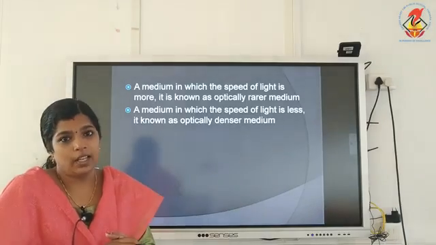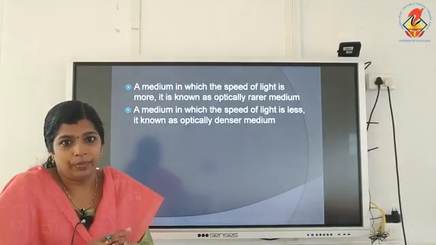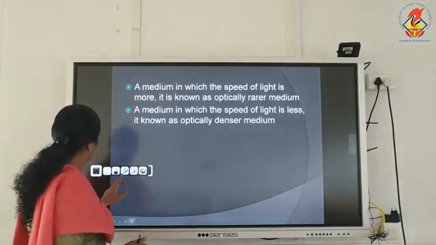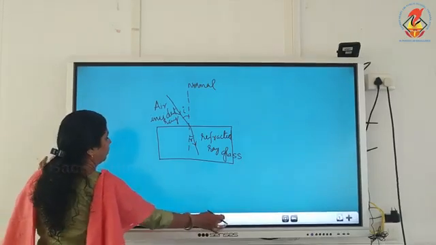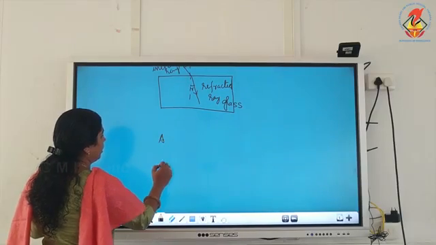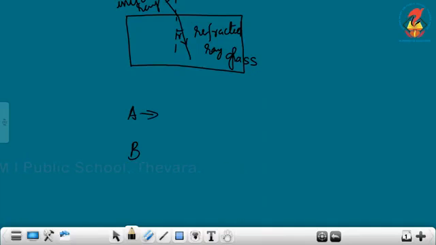If you consider two media A and B, in this one the speed of light is more, and in this one the speed of light is less. So, this one is the optically rarer medium, and this one is the denser medium.